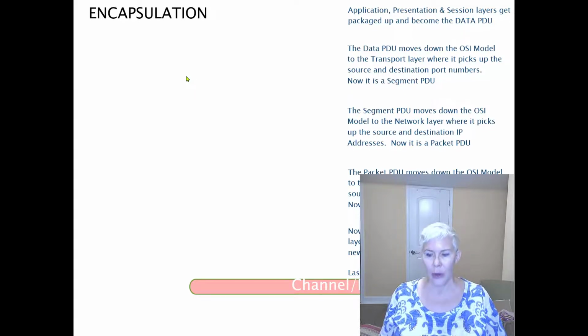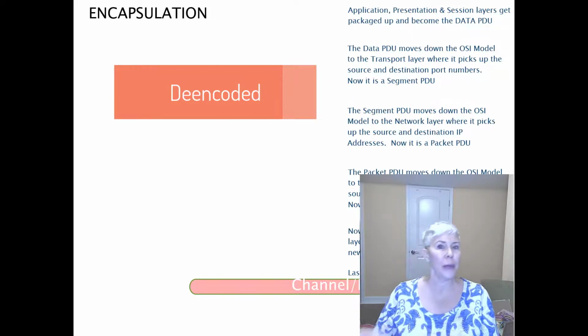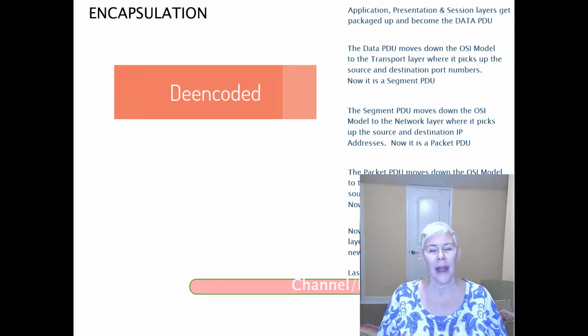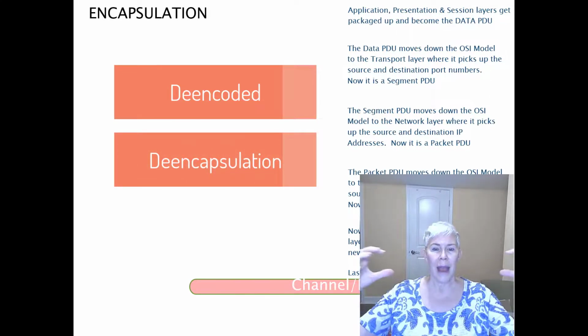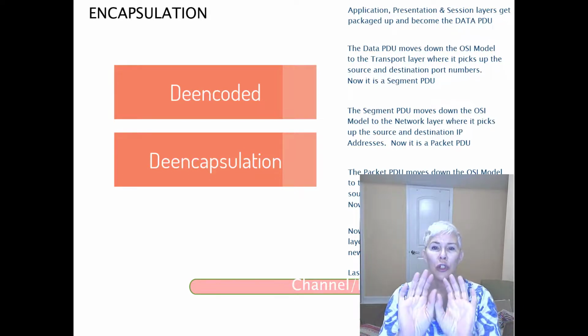The bits will be decoded and changed back from light into bits, and now it's at the data link layer. At the data link layer, it will be de-encapsulated, where the MAC addresses will be pulled off. Now it gets pushed up to the network layer.